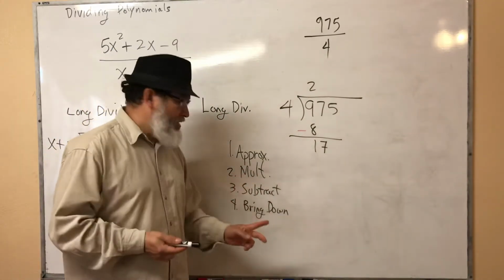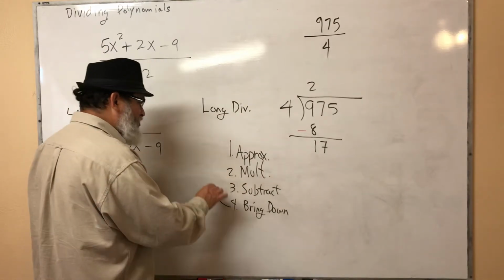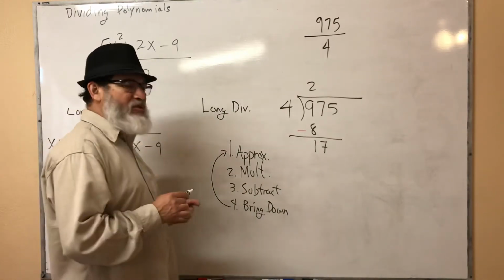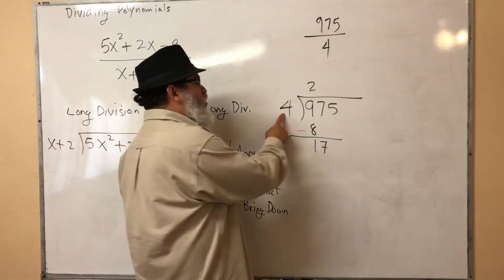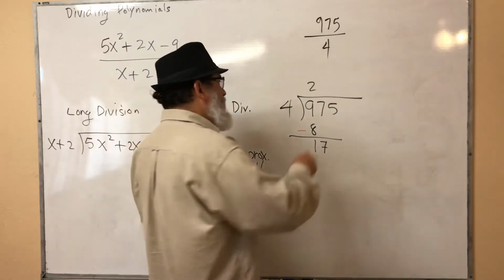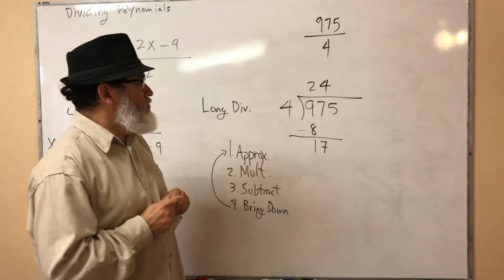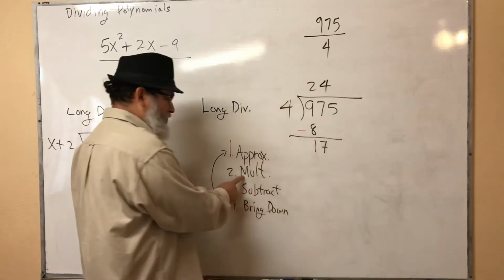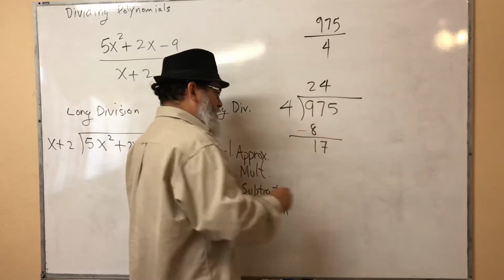What's the next step? Go back to step number 1. Approximate again. 4 into 17, approximately 4 times. Multiply. Step number 2. 4 times 4, 16.